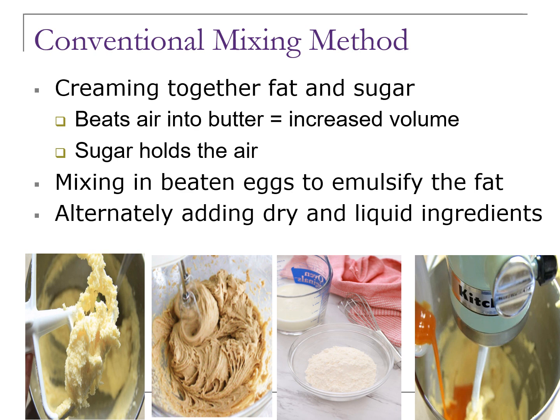After the fat and sugar are creamed, eggs are then added to provide some liquid, as well as that lecithin found naturally within the egg yolk. And that lecithin will start to emulsify the fat in the butter. The final step varies slightly for cakes and cookies.